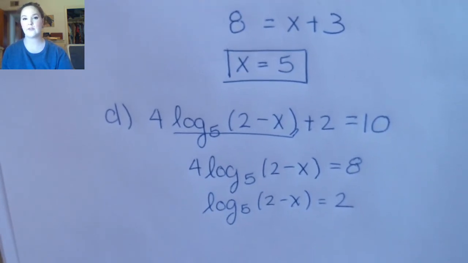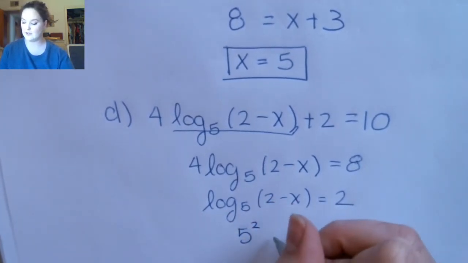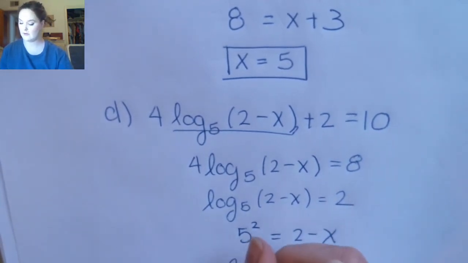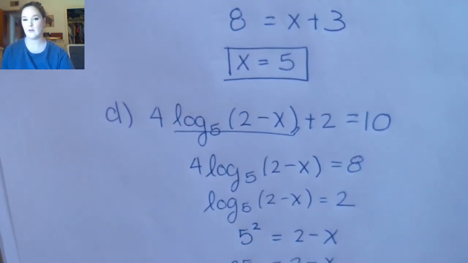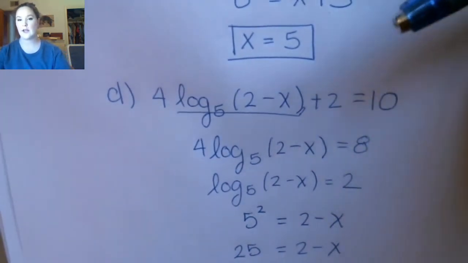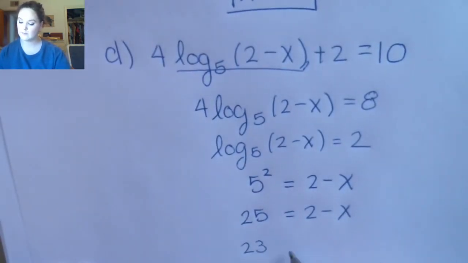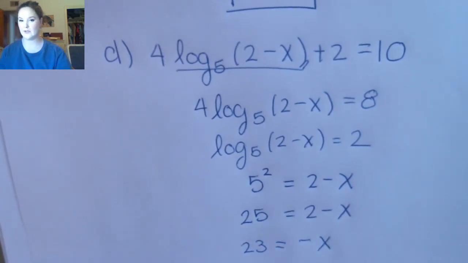Now I have a single log isolated on one side, so I'm going to change to exponential form. 5 squared is 25. And now to isolate x, I need to subtract 2 from both sides and divide both sides by -1.